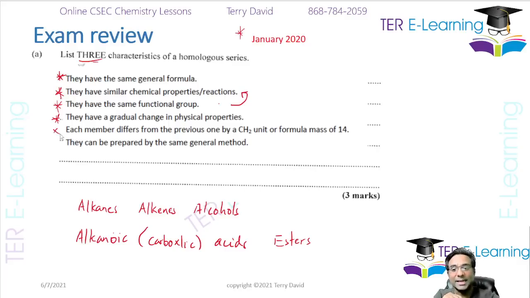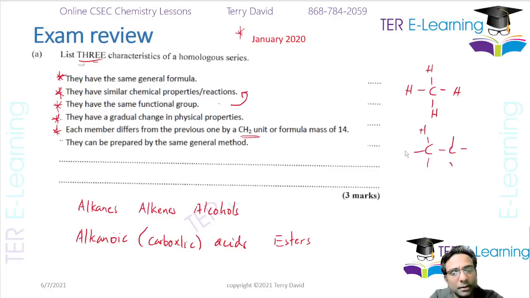The next thing is that each member differs by CH2 units. So let's say, for example, you have the alkane homologous series. The first member is methane. The next one is going to be ethane, sorry. And the one after that will have 3 carbon atoms, so it's 1, 2, 3.